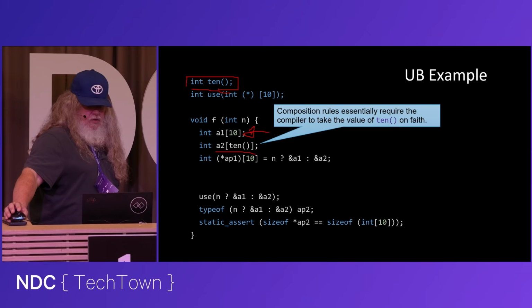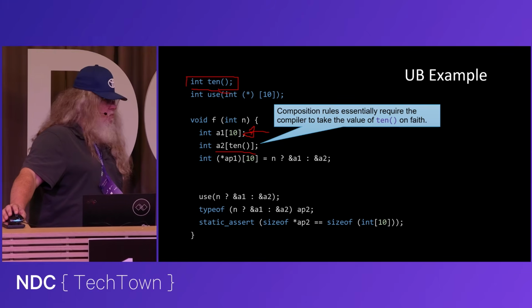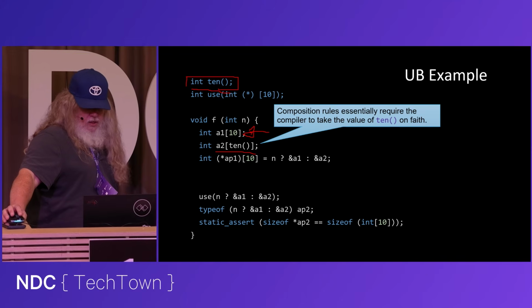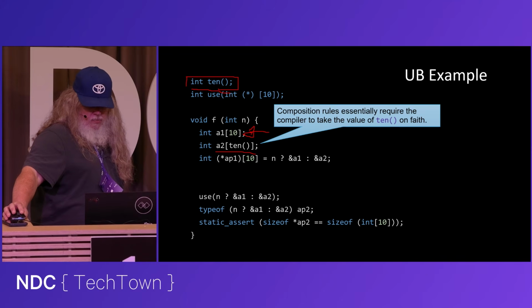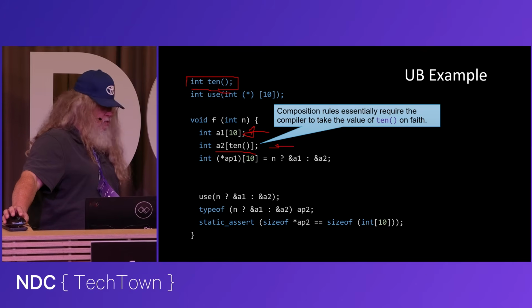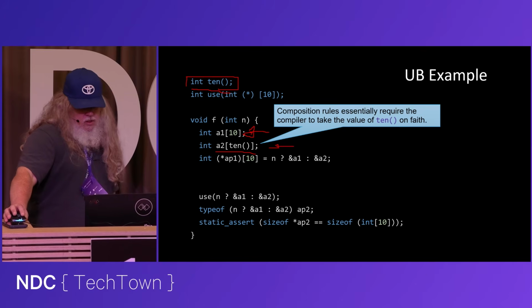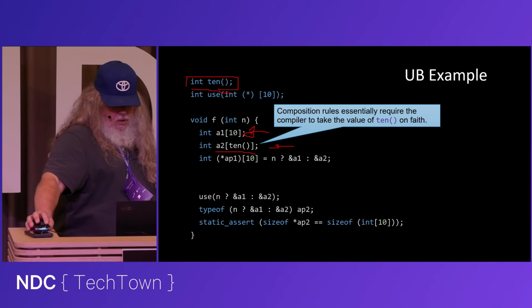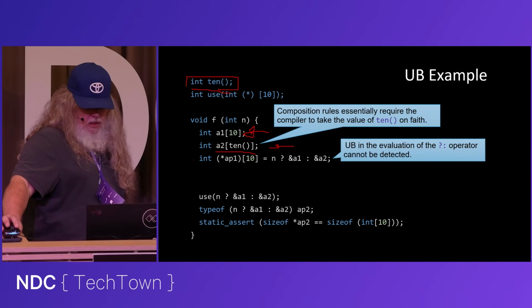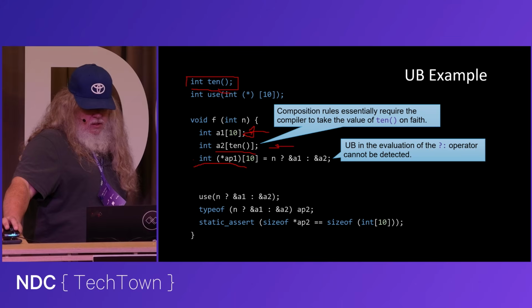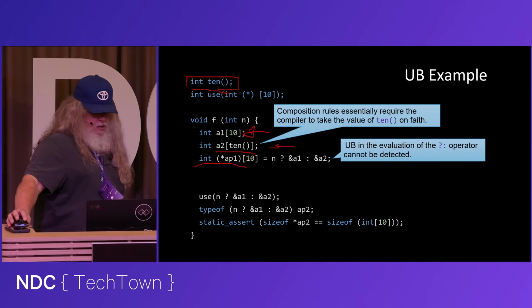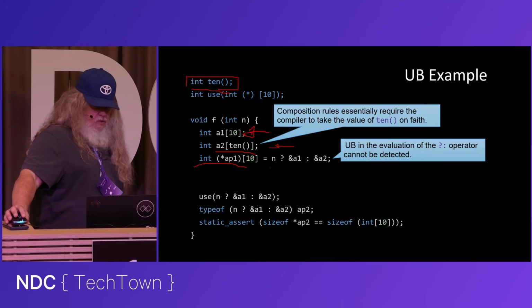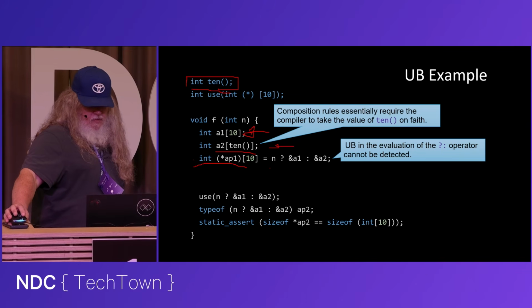So there's no way to really confirm what value this is returning, and so this will be a VLA, right? Because the size of the array is runtime determined, and so we're going to declare an array of 10 elements, and based on n, which is passed into this function, I could have also made this a Boolean, I guess, we're going to decide if this is either A1 or A2.